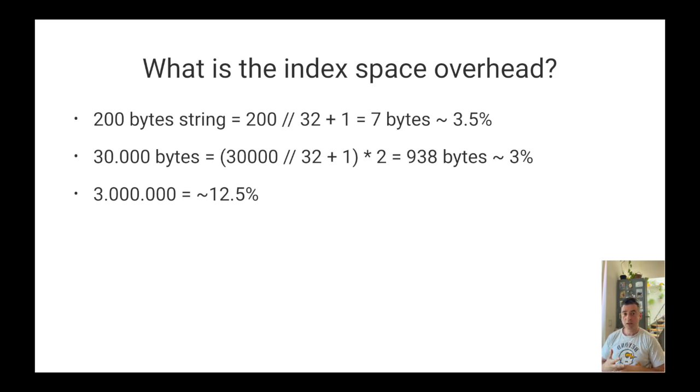But in this case, we could think about it: if we have such huge strings, maybe we shouldn't index every 32nd code point, but maybe every 64th or 128th, so that the index size will be smaller, and then we could go again to 3%, with the penalty that computation will be a little bit more expensive.